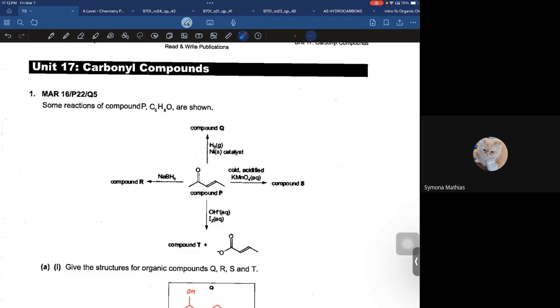Means that you are giving preference to the alkene rather than ketone. Am I right? Yes, sir. So this should be 1, then 2, then 3, then 4, and then 5. Right? Okay.